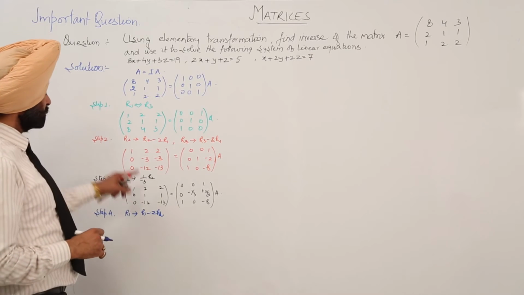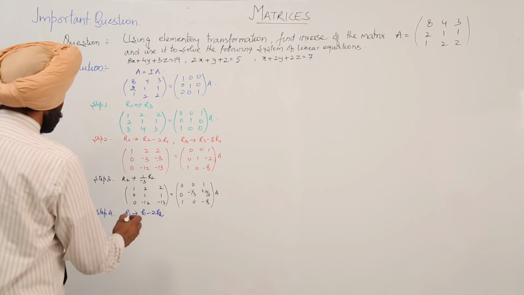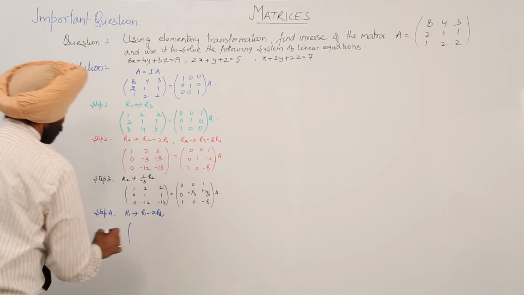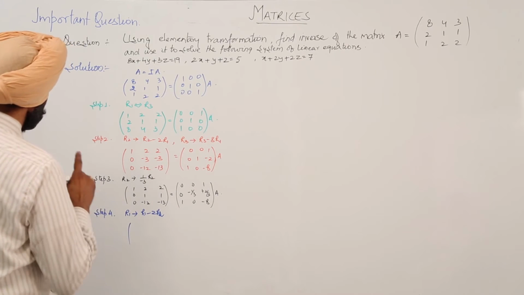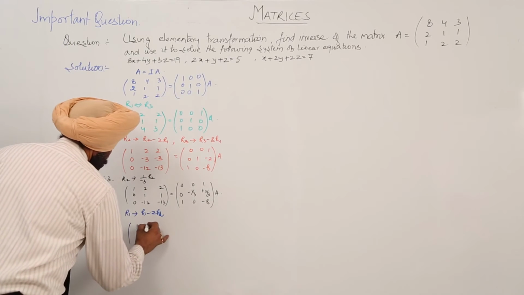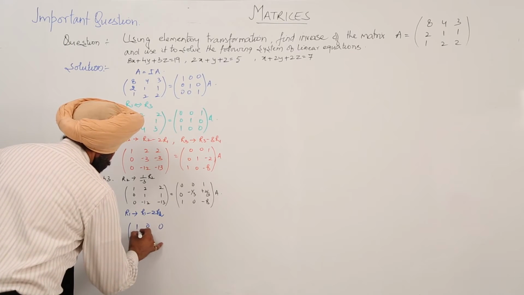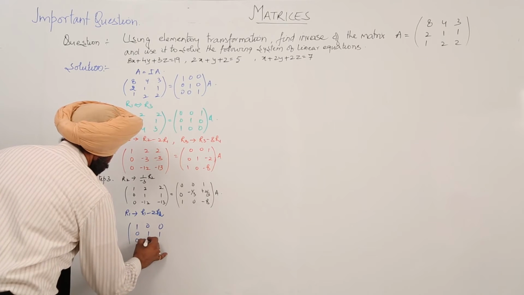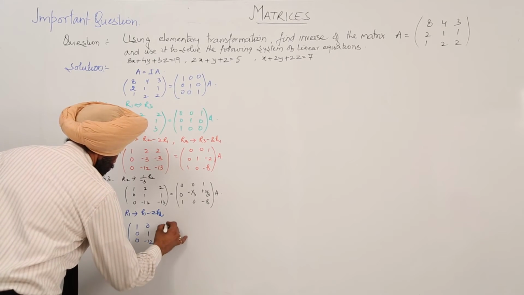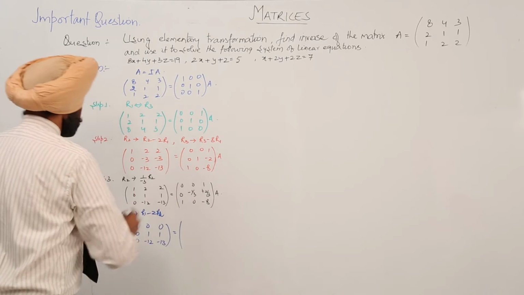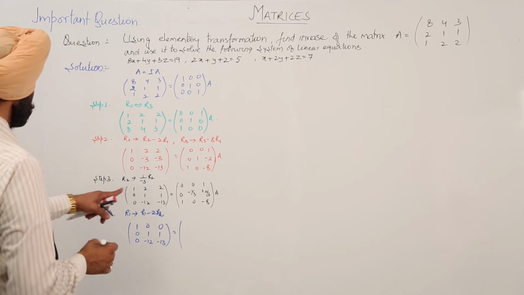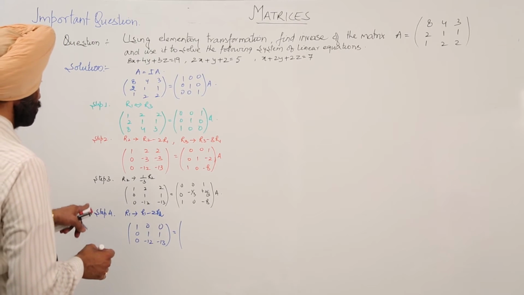Okay, so we are making this first one a 0. Now we are getting 1 0 0, 0 1 1, 0 minus 12 minus 30.